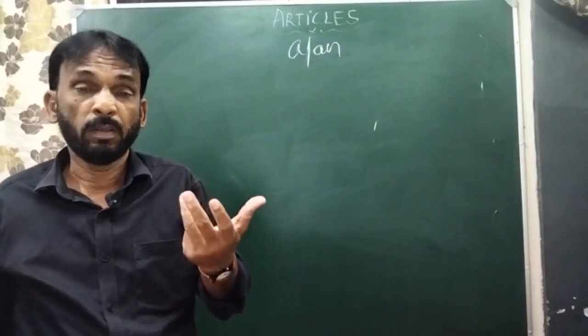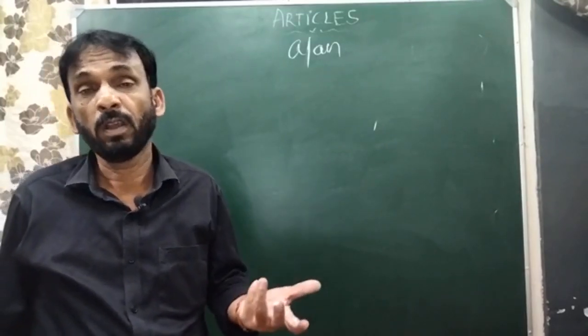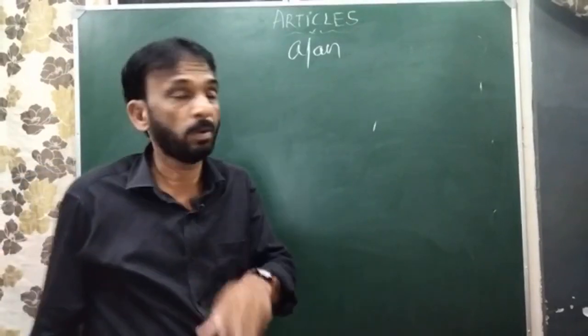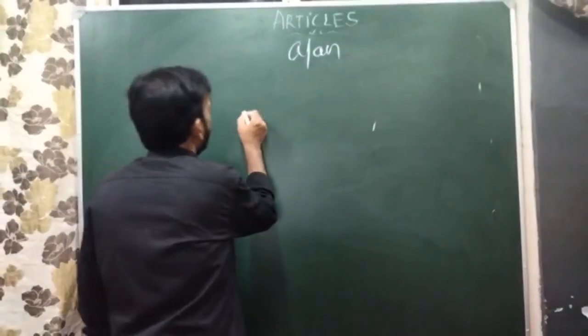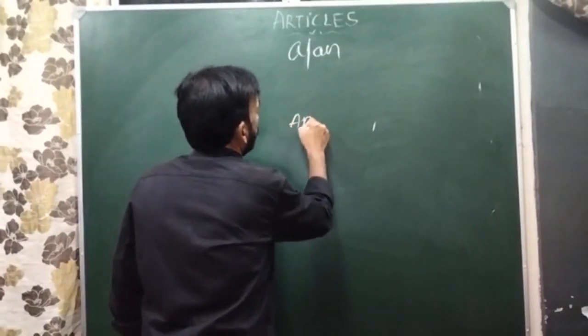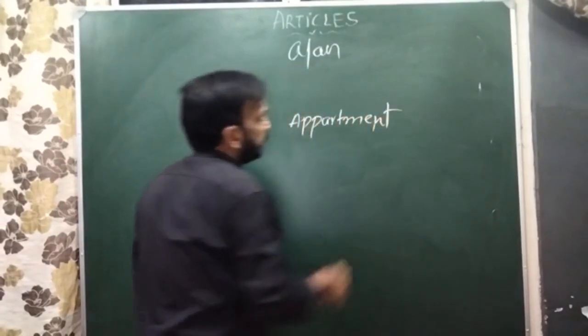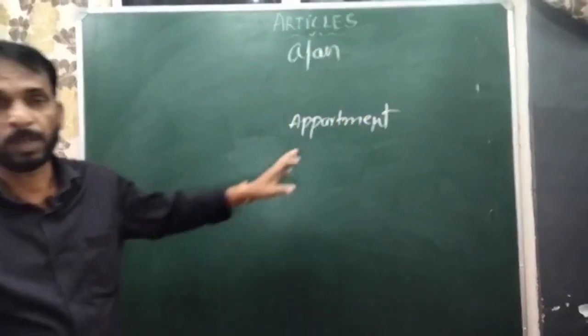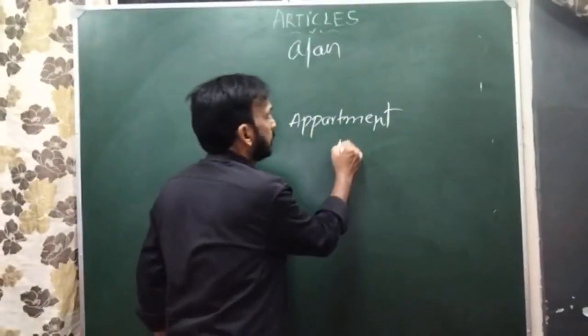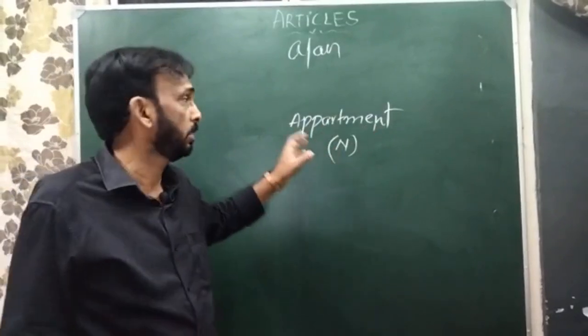If an adjective follows the noun, which article we have to place? For example, I will show you this. If the noun is apartment, apartment is a noun. It is a countable noun. Yes, one apartment, two apartments, we can count it easily.